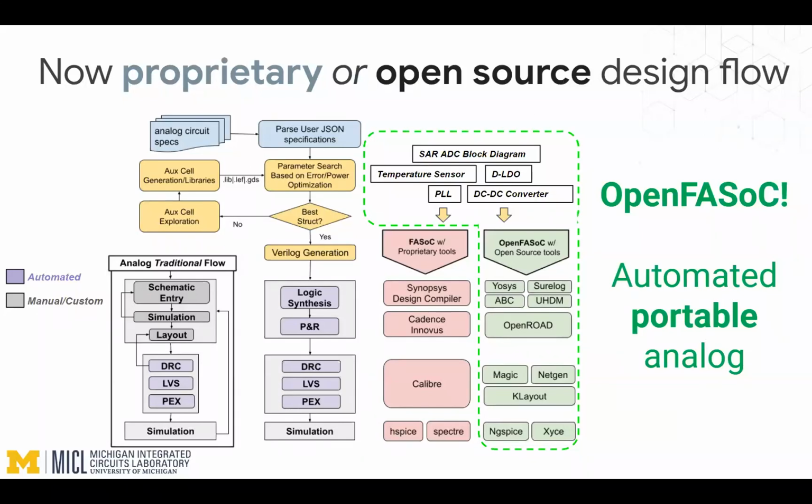For synthesis, we can use Yosys and ABC. We added the Surelog and UHDM plugins for SystemVerilog that were developed by Antmicro and Google. We are using OpenROAD, and we are part of it. We are using Magic and Netgen for DRC and LVS, and KLayout as well, which is a pretty cool tool. And then we use ngspice and Xyce. So we have the whole tool chain in SkyWater 130.